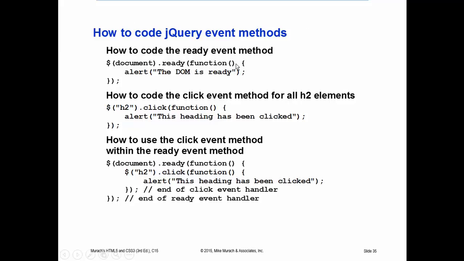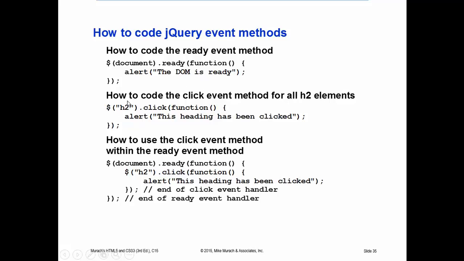The syntax looks a little weird, but it's document.ready, and then the function is what's inside of these parens. That's the beginning paren, that's the ending paren. So it's an anonymous function, a no-name function. That curly brace starts there and ends there, and it will just alert you that indeed the DOM is ready.